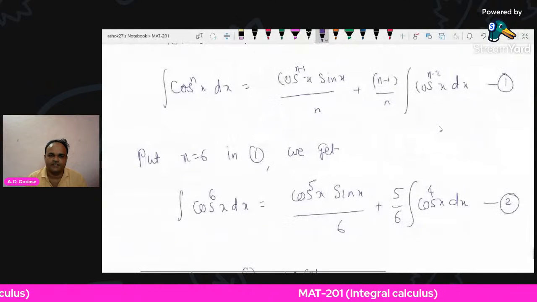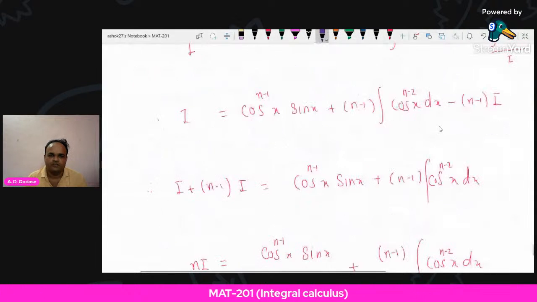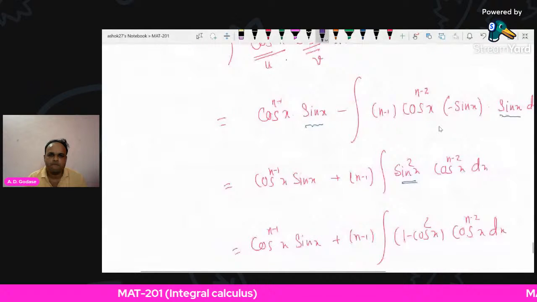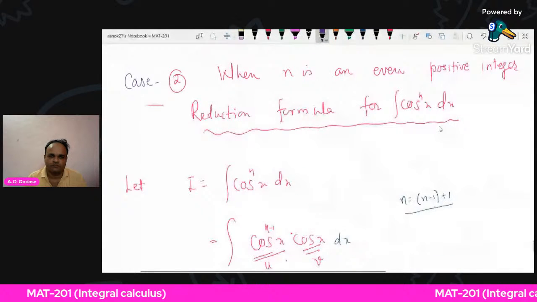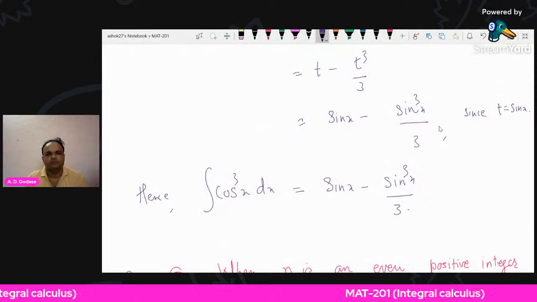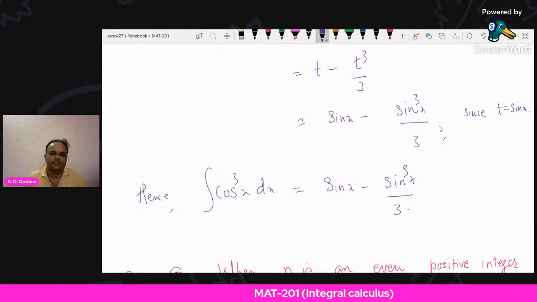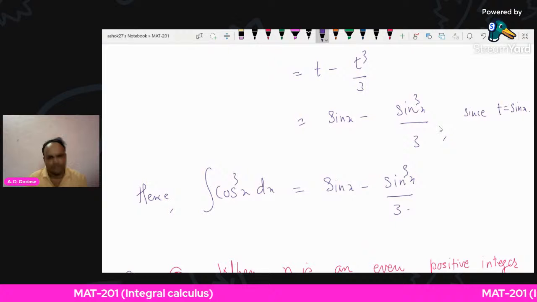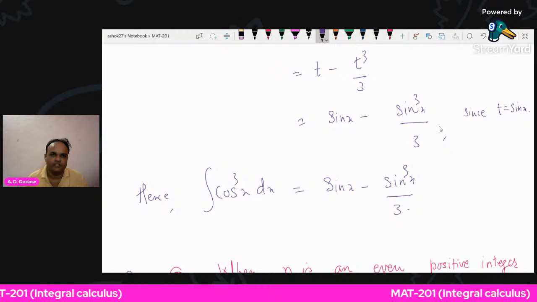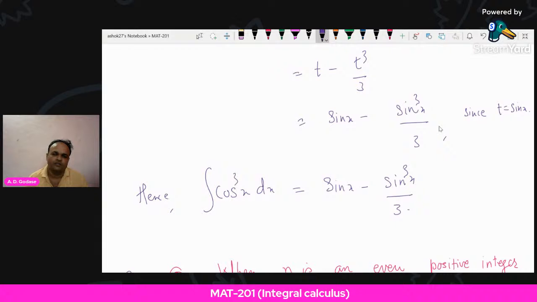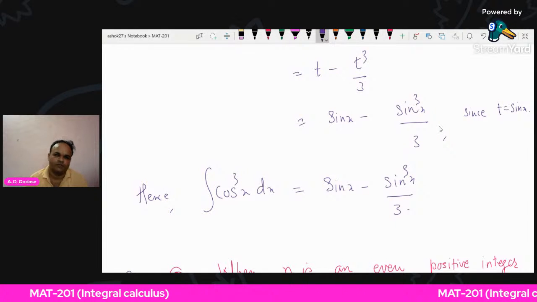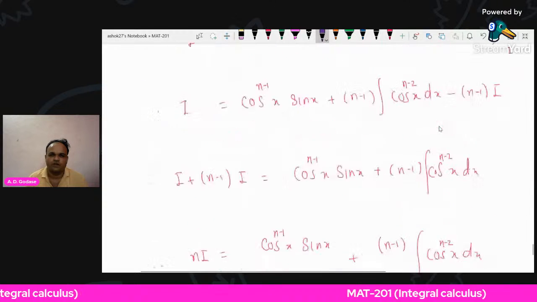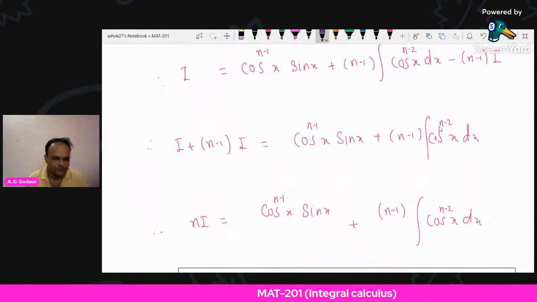In that case, you have to use the binomial theorem to derive the integration of cos raised to nx dx, and you have to put n equal to 2k plus 1. So you write n in terms of 2k plus 1, and then you use that k to apply the binomial theorem. So this is about the integration of cos raised to nx dx.